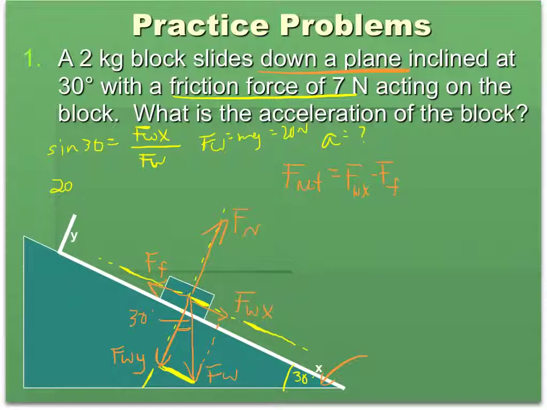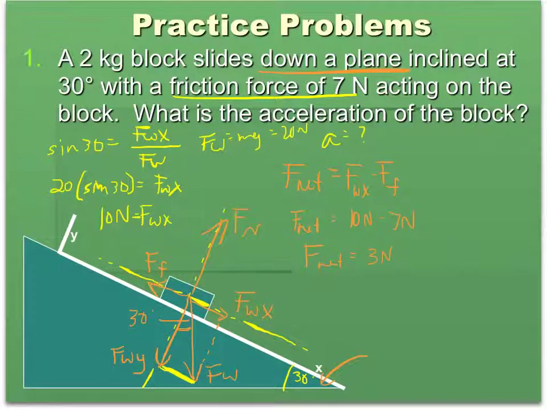So I have 20 times the sine of 30 is equal to FWX. So 20 times 1/2 is 10 newtons for my FWX. So when I solve for my F net, I can plug in that 10 newtons minus my frictional force, which it told me was 7 newtons, which gives me an overall net force of 3 newtons.